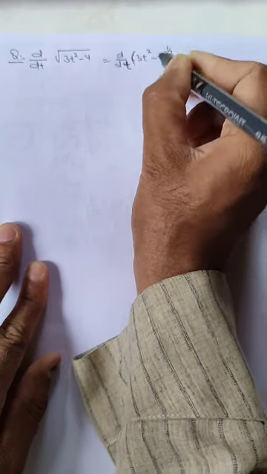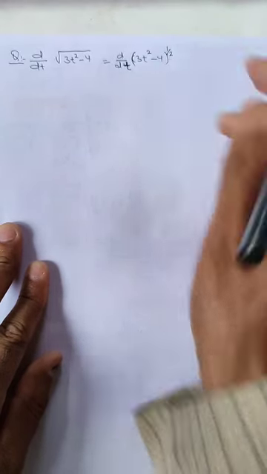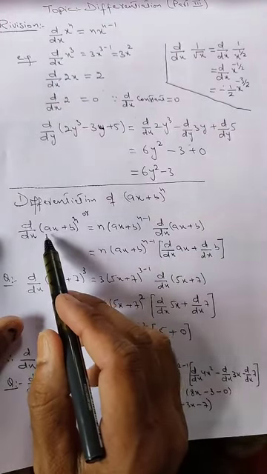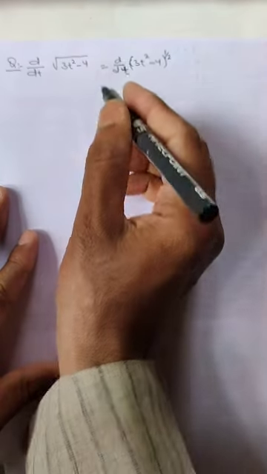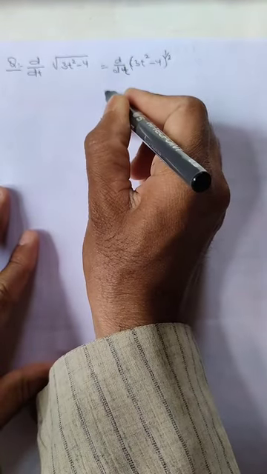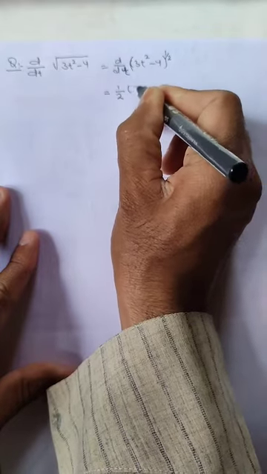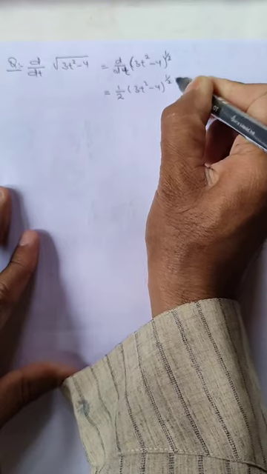So what relation do we have to use here? It is the same as this relation, d over dx of (ax + b) raised to power n. I will write it is n x^(n-1). Here n means 1 over 2, (3t squared minus 4), and n minus 1 means 1 over 2 minus 1.